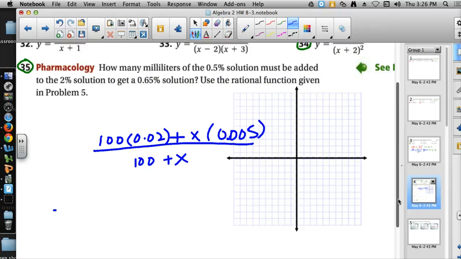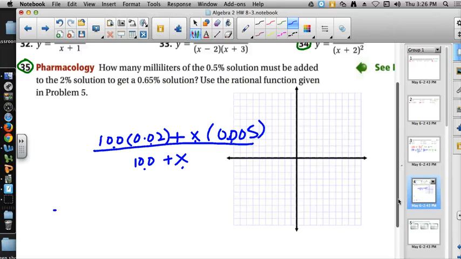So what's going on here is that they have 100 milliliters of the 2% solution, and they are going to add some amount of the 0.5% solution.